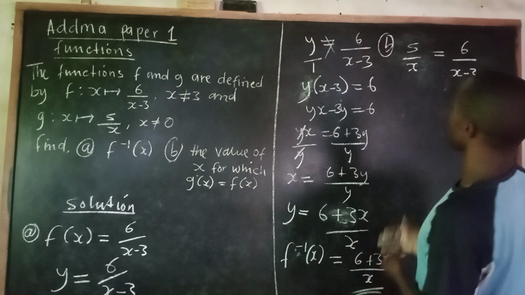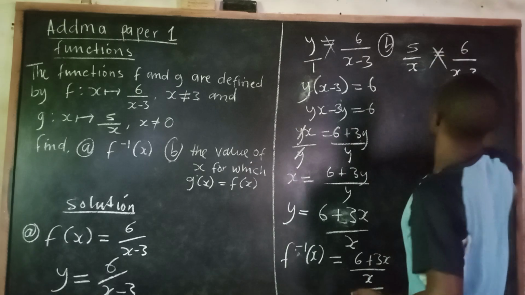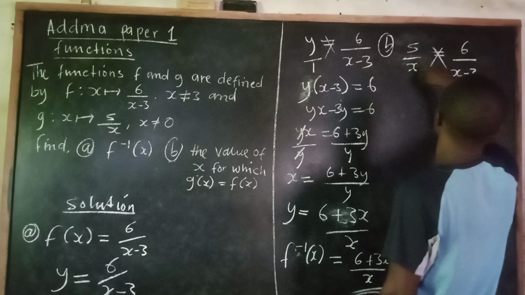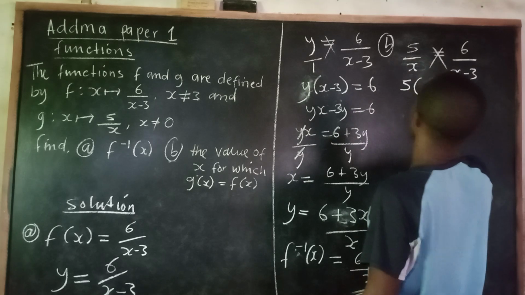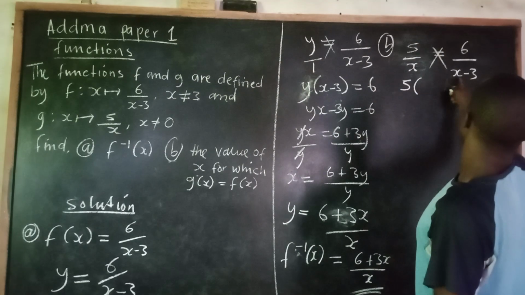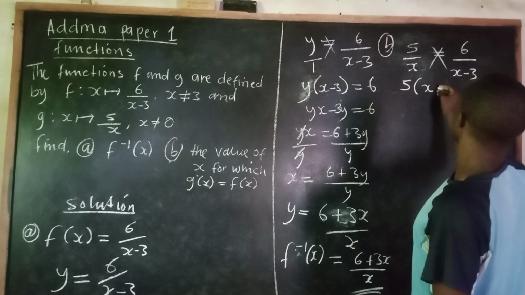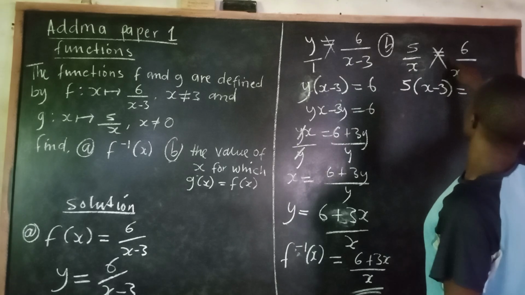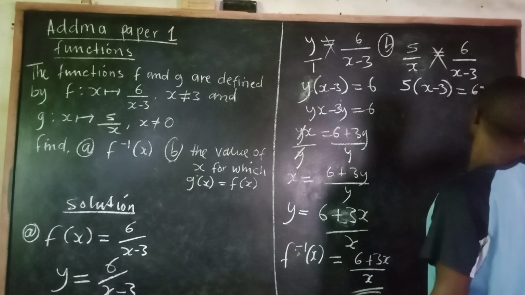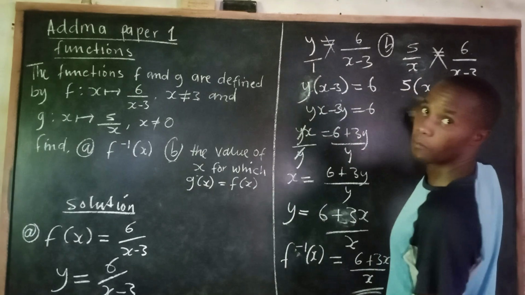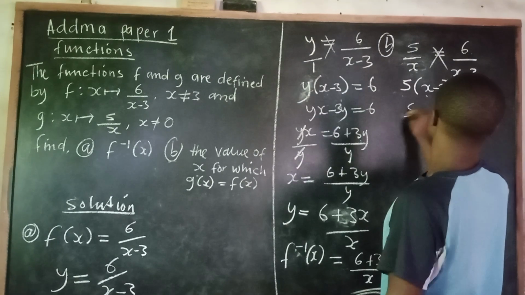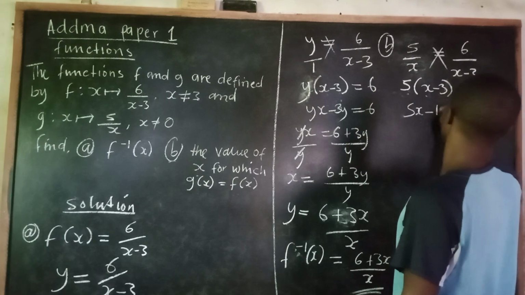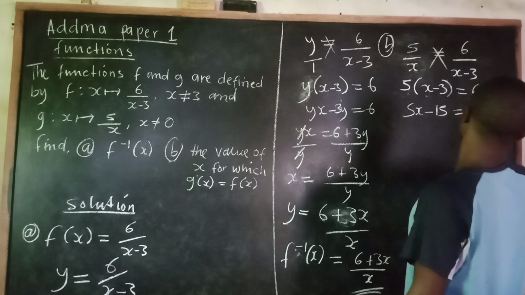We want to find the value of x. How? Let us cross multiply. Start with 5: 5 times x minus 3, so 5 open bracket x minus 3 equals x times 6, which is 6x. Then we expand: 5 times x is 5x, minus 5 times negative 3, negative 15, equals 6x.